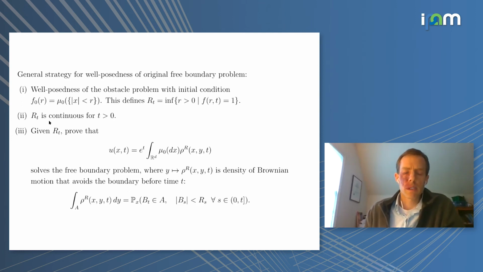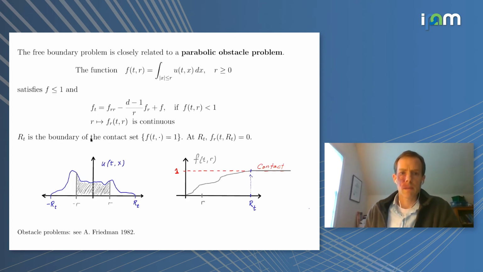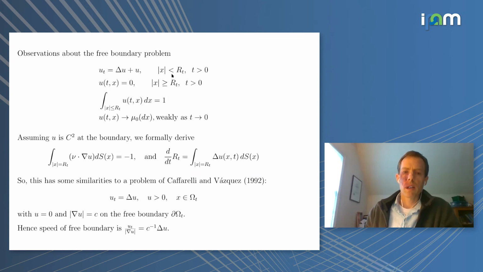We prove that R is continuous for any positive time. So that determines R. Now given R, we go back and ask, can we solve the original free boundary problem in R^d? So now we have an R, and we try to solve this problem. The tricky aspect here is making sure that the initial condition, the boundary condition and the constraint are satisfied.